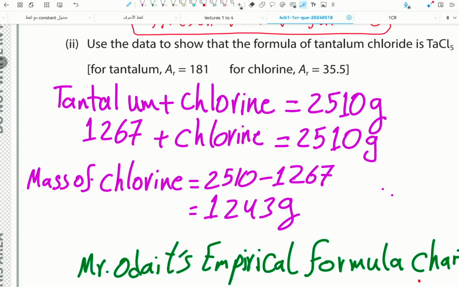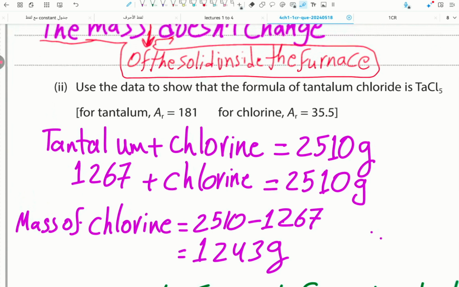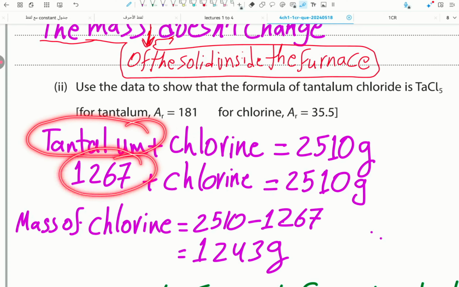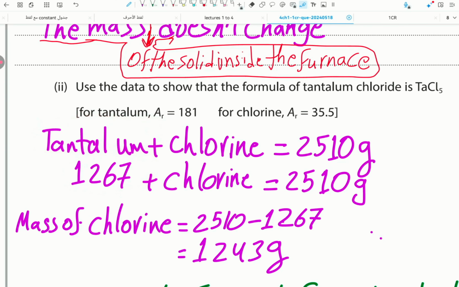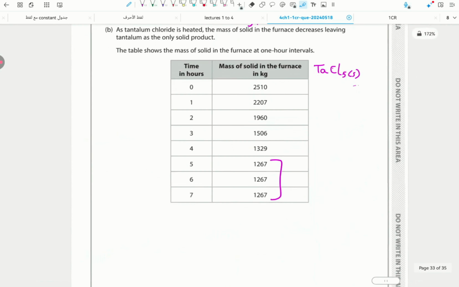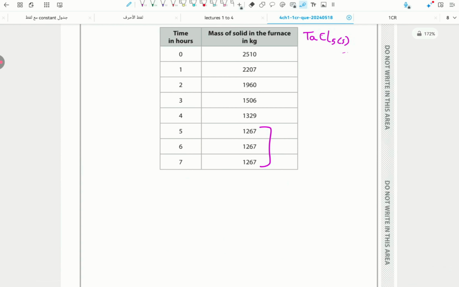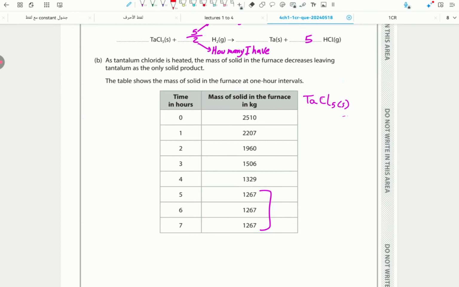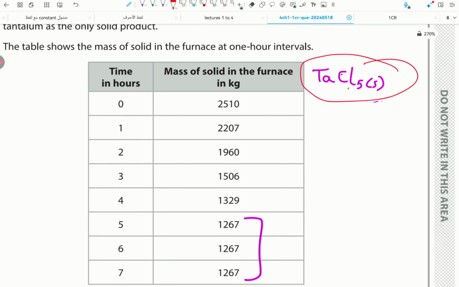Let's see here the mass of each one. Of course, the mass of tantalum alone is 1,267. How did I know? I knew because, as we said, at the beginning of the reaction we had TaCl5, and the Cl is escaping, so the mass is reducing.